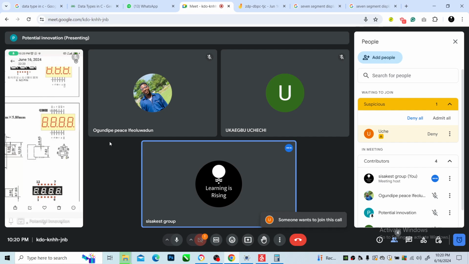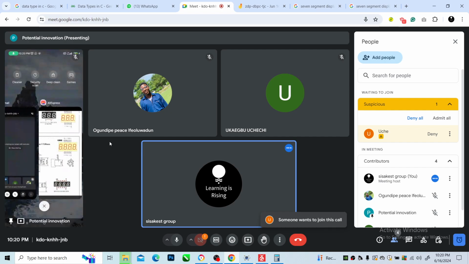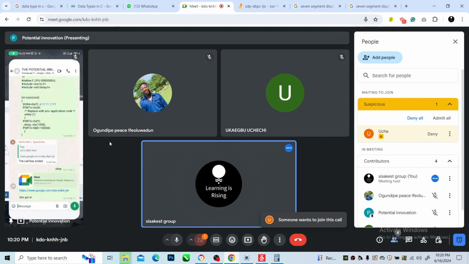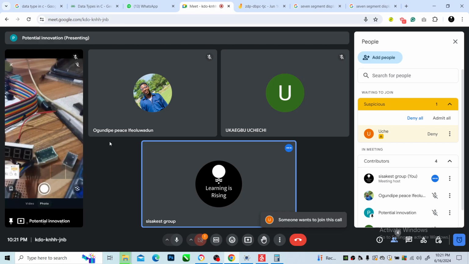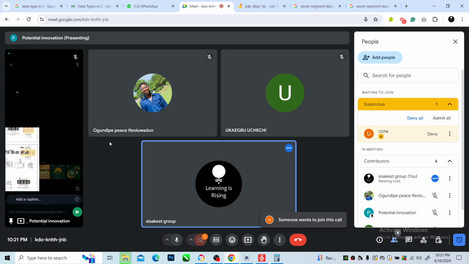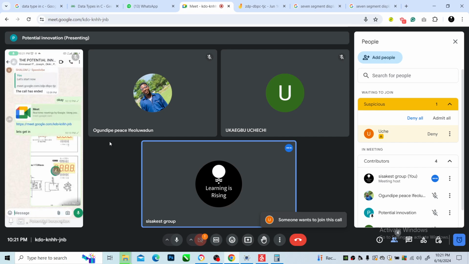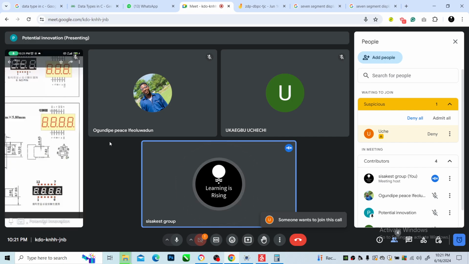Okay. So, WhatsApp. That has been cleared like that. So A, B, C also well labeled.